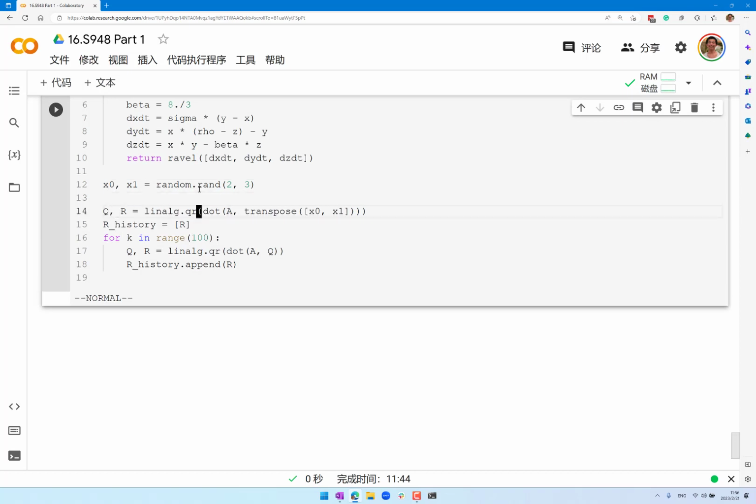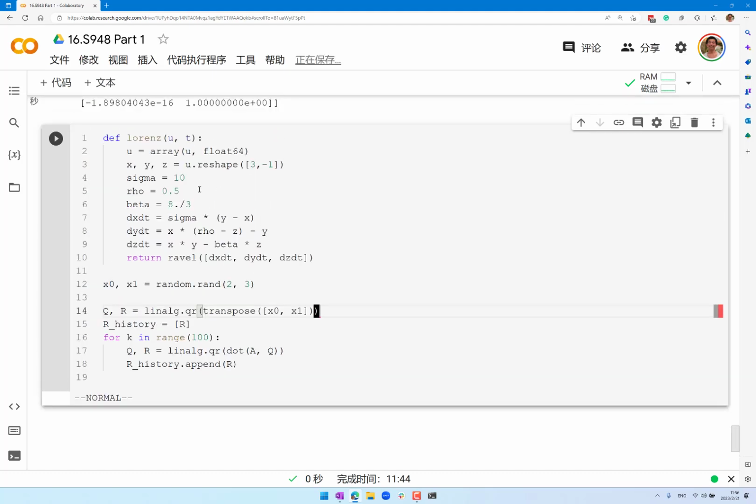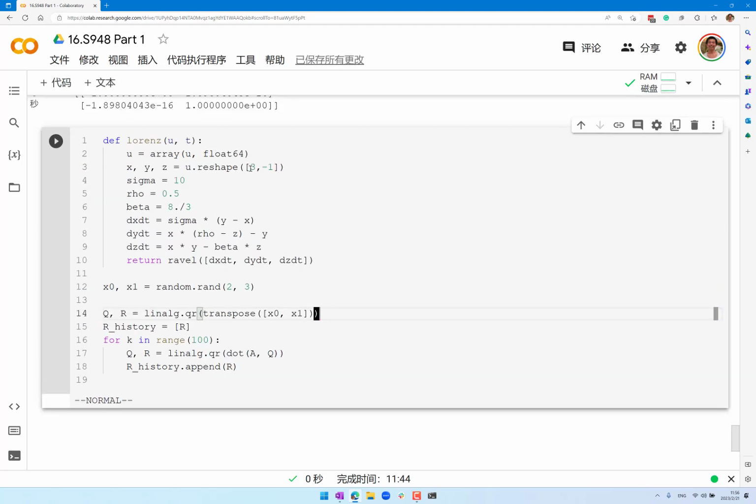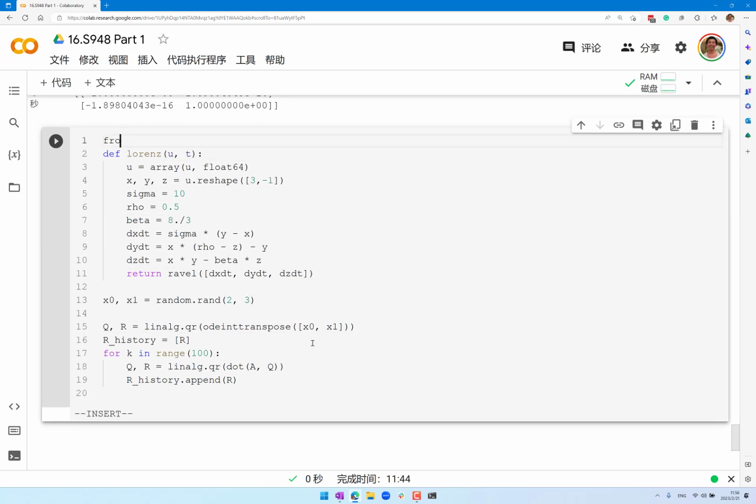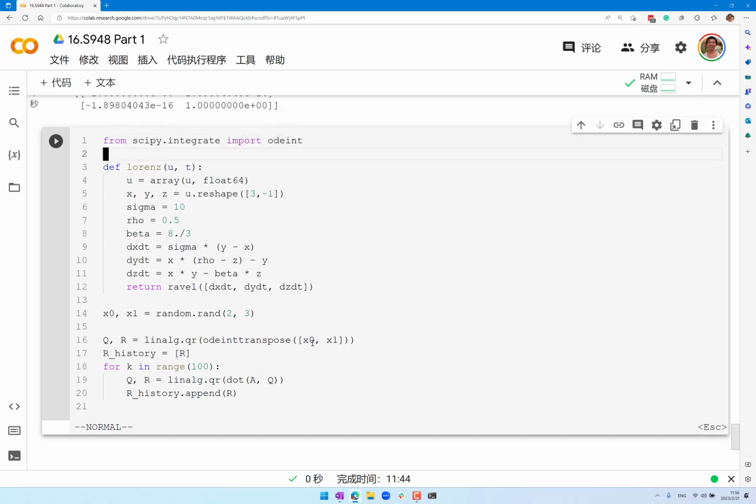So instead of a dot product, we still take the, let me see, okay, we are reshaping this to 3 and -1, which means transpose is the right thing. We are going to use odeint from scipy.integrate for the Lorenz system.